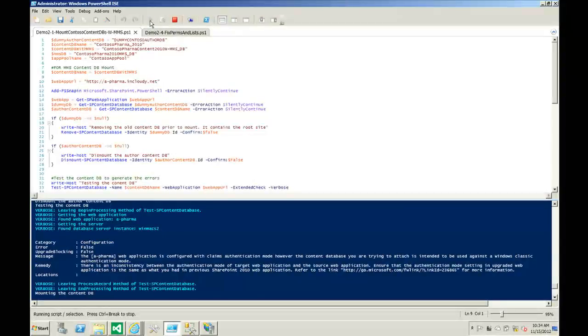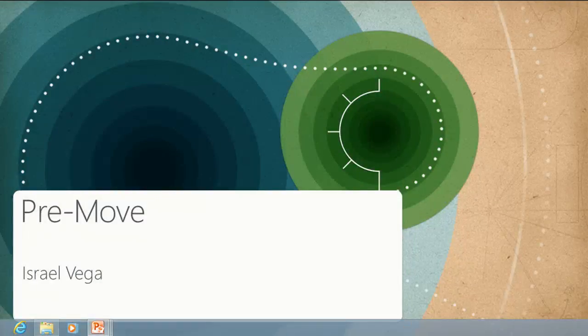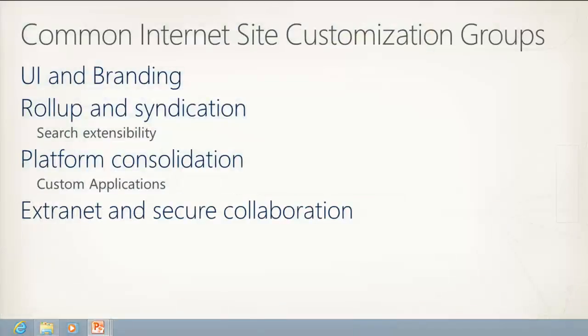And we'll go back. Some common things that you did with WCM sites in both 2007 and 2010. One of the groups is UI and branding. I just built a custom UI site, made it very pretty, added some master pages, some page layouts, and some CSS. Some other things you probably did were roll-up and syndication.